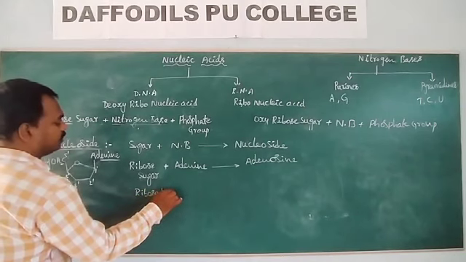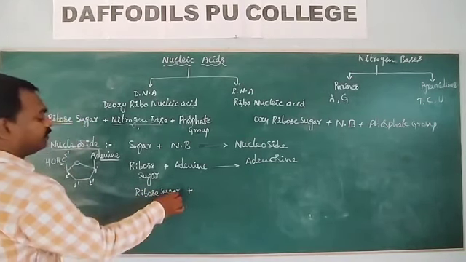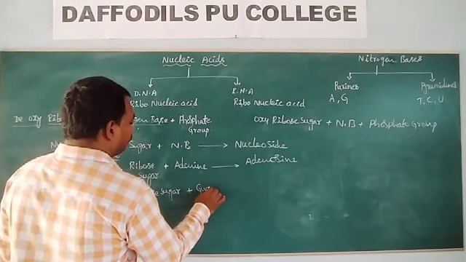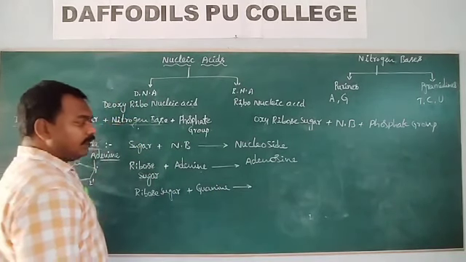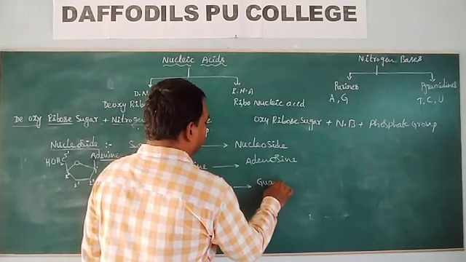When ribose sugar is bonded with guanine, the nucleoside formed is guanosine.